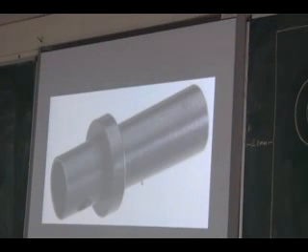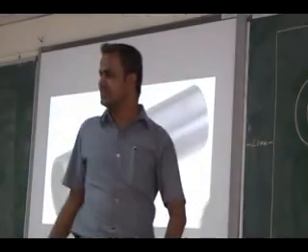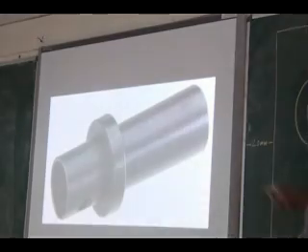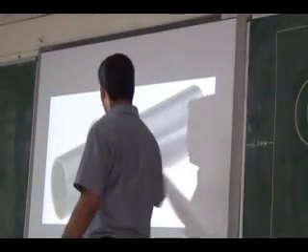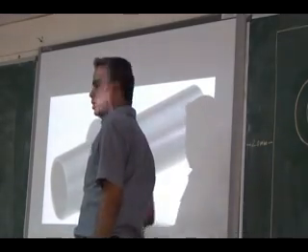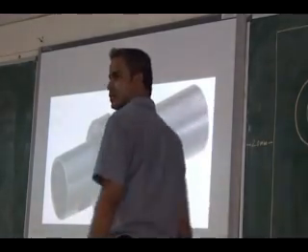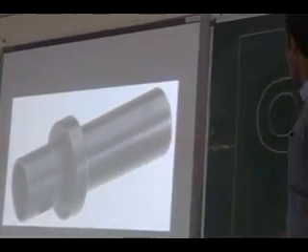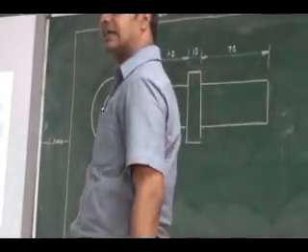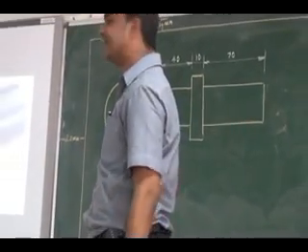You can see here, as I told, it is a hollow shaft. What distance it is hollow is not clearly shown. Whether it is hollow up to this region, this portion, or up to some distance, in my drawing view I can show that as a dash line, as a hidden detail.